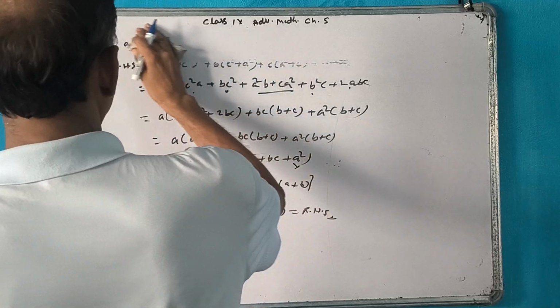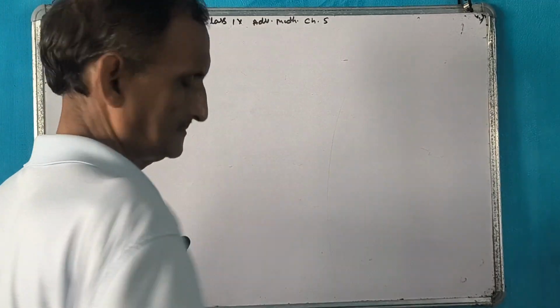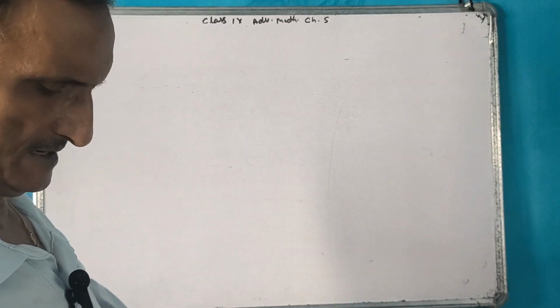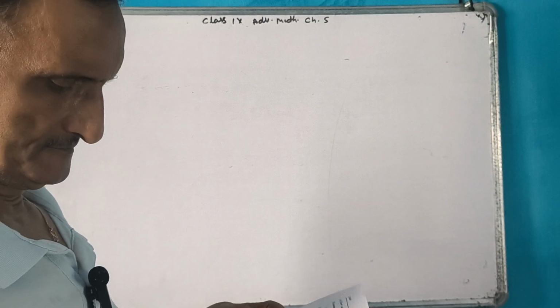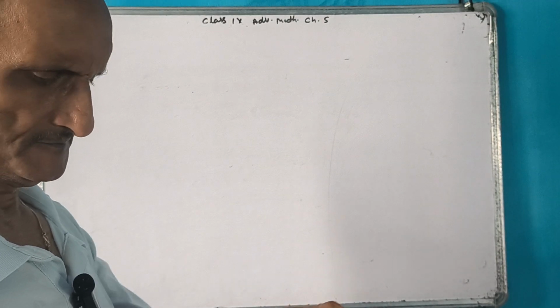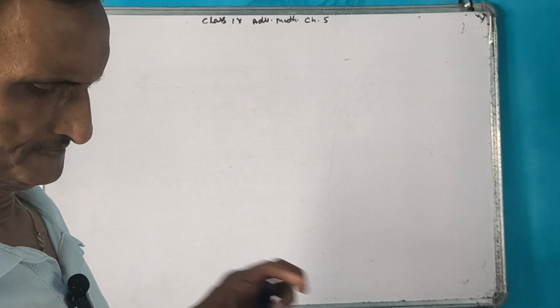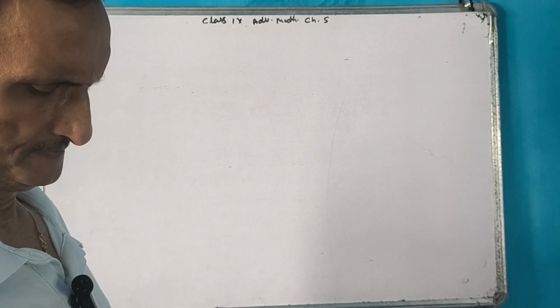Now we have formula number 6. All these 4 formulas we have the right hand side same only. Okay, now we will see another type of formula.